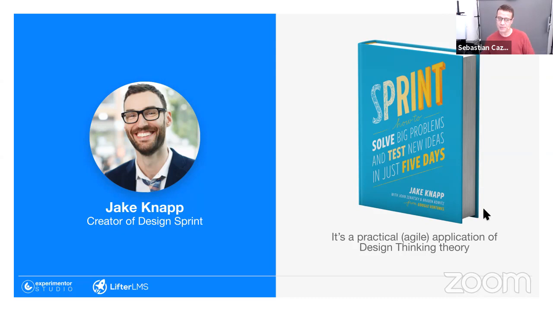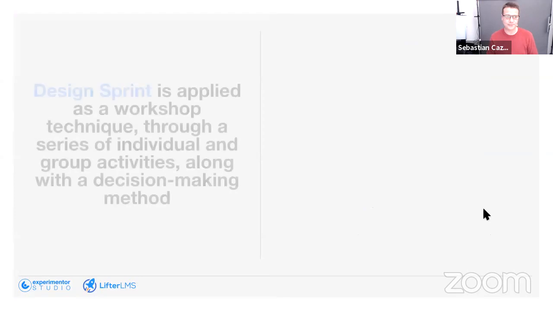Meanwhile, the method has been adjusted, has been tailored, and that's why today we are talking about a 4-day design sprint. The concepts remain the same, the same flow of steps, the same process, but with a little bit of tuning, the method is doable in only 4 days.